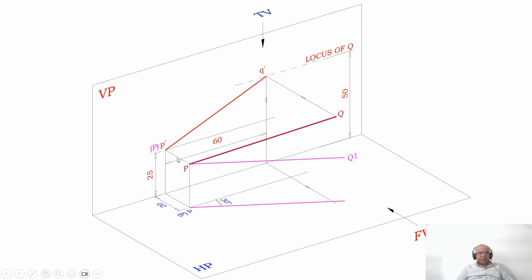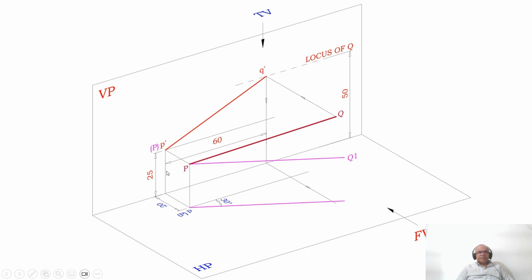The distance between these two is the in front of VP distance, which you can see in the horizontal plane. So when you look from the top view, you can see the distance in front of VP here, and you mark this point as small p and capital P here.